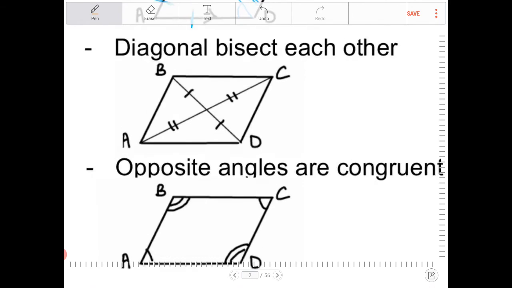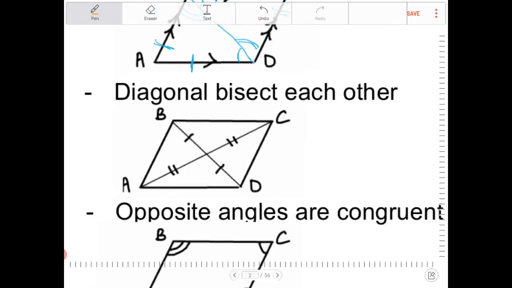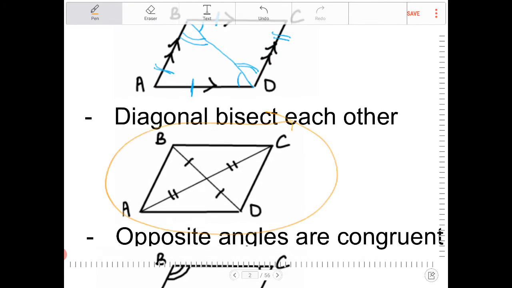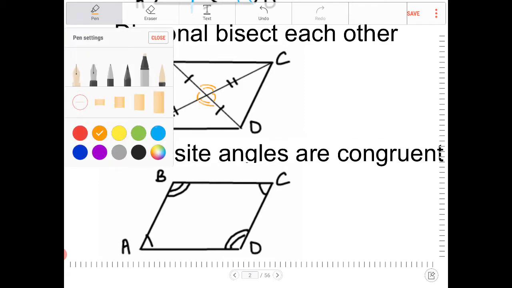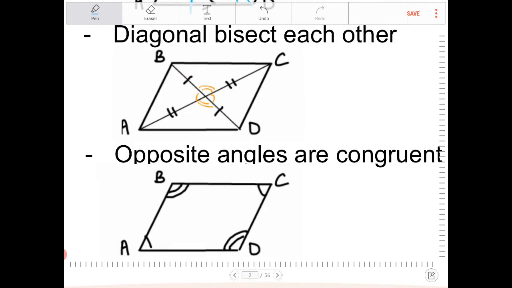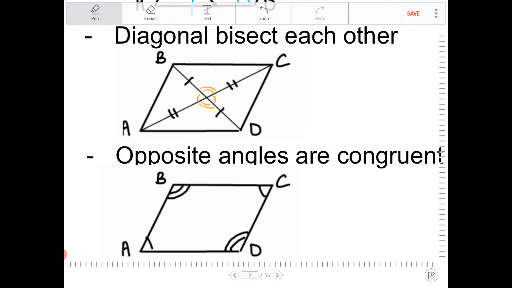If we have a parallelogram like the one I have shown here, and we recognize that the diagonals bisect one another, and we also recognize that the opposite sides are congruent, and these angles here are going to be congruent because of vertical angles, and I'm going to use a blue highlighter here, we can immediately recognize that this triangle must be congruent to this triangle because of side angle side.